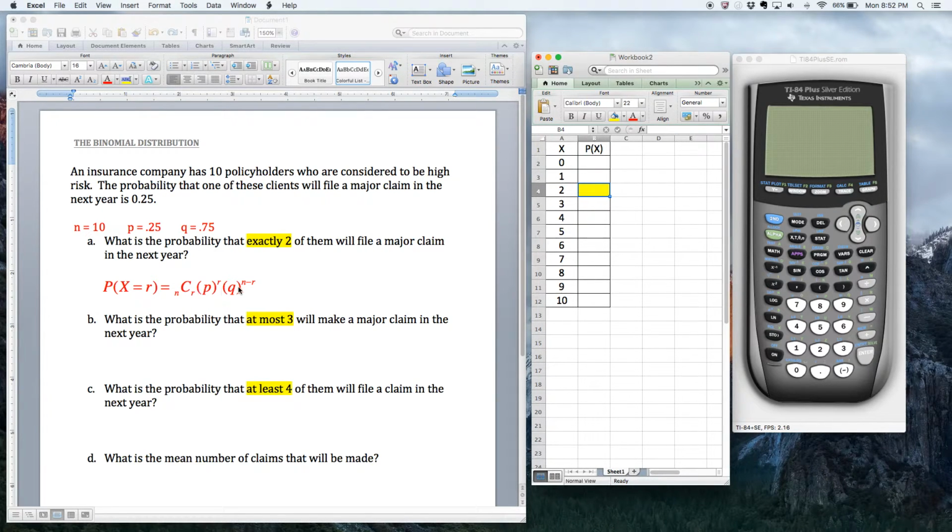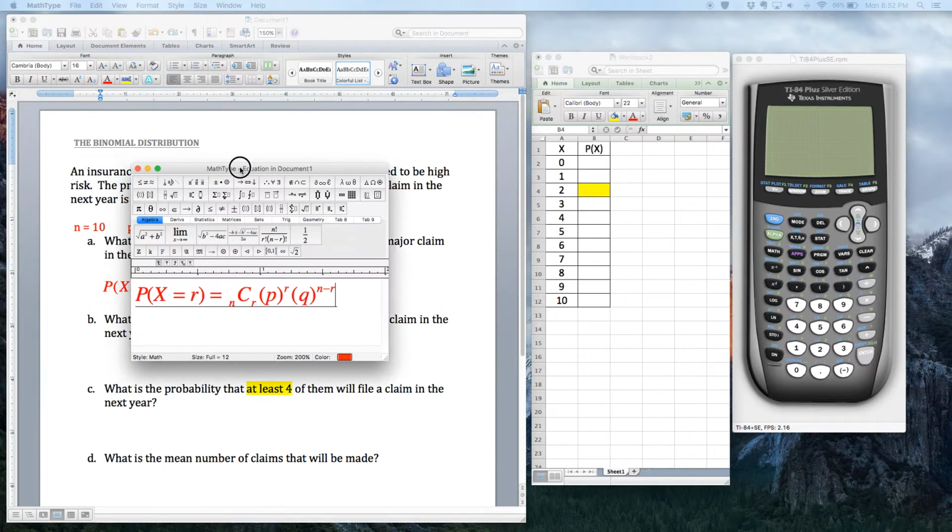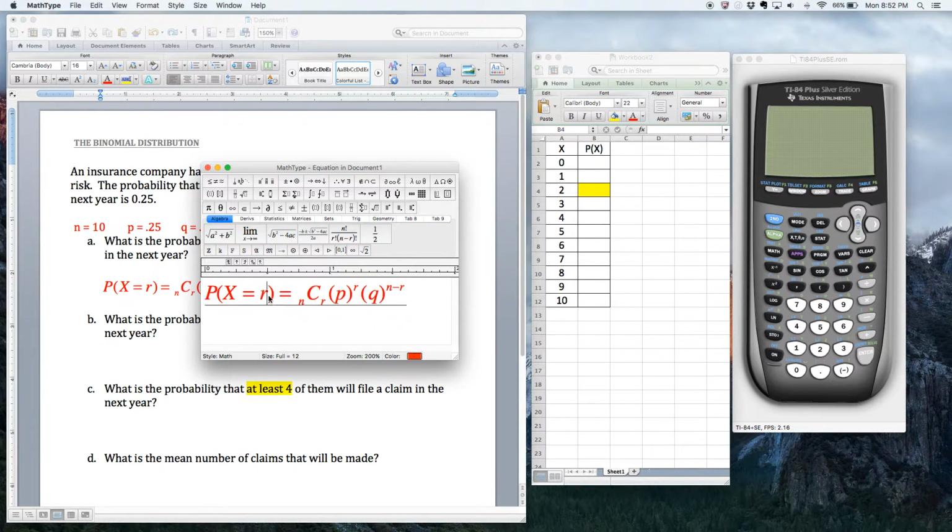So what I'm going to do is modify this formula right here and pop in these values. In other words, n is 10, p is 0.25, q is 0.75, and r is 2. It's going to take me a second to modify this. So this is going to be a 2. That's a 10 for n.